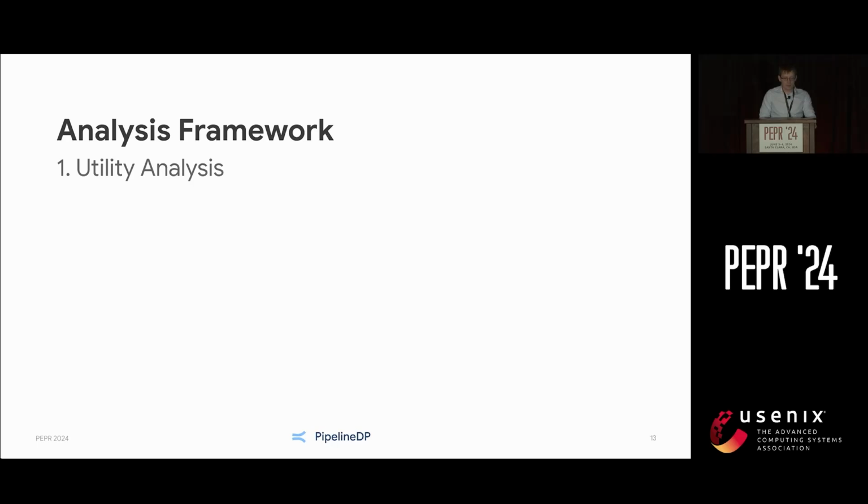At a high level, it works as follows. There is a utility analysis part.